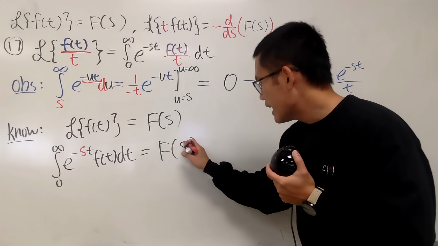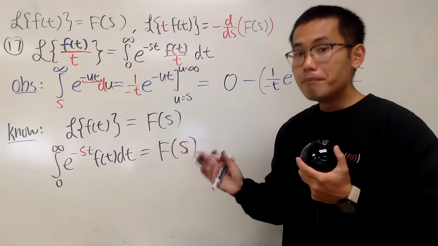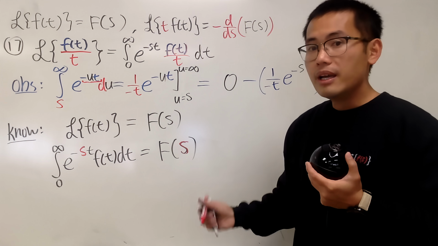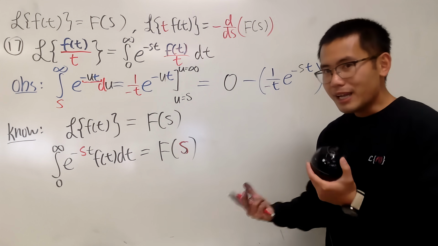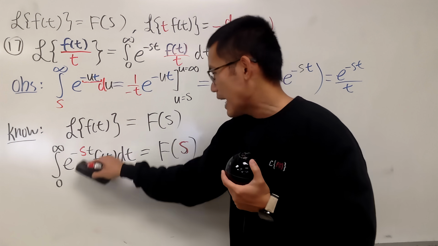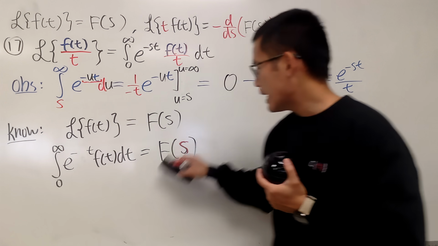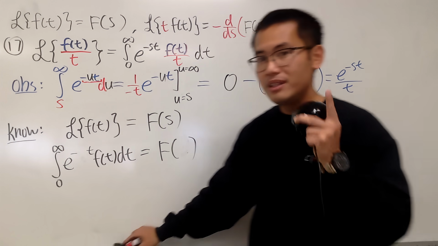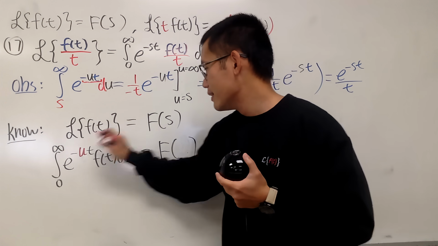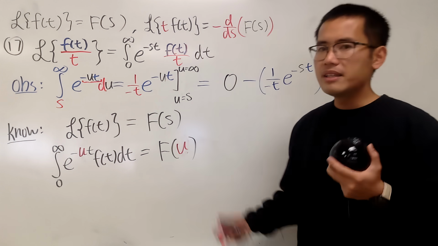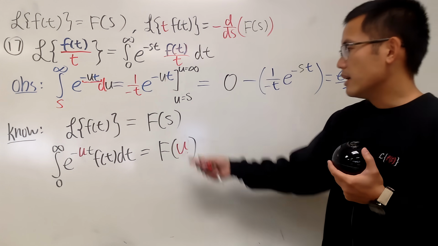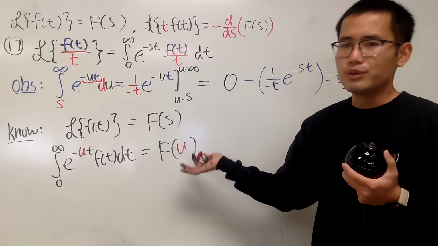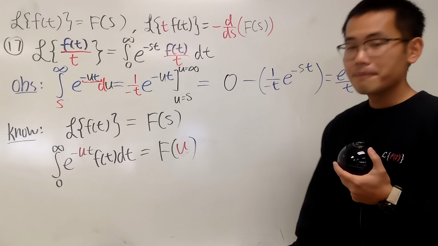This s and that s are the same, but in fact we're about to integrate, and we still want to end up with s to be nice. So instead of having the s right here, I will change that to be u. And again, this is just a dummy variable. You could have used whatever you want.